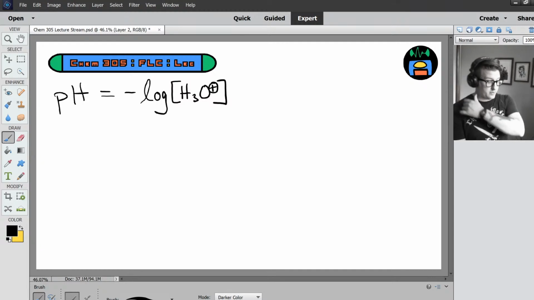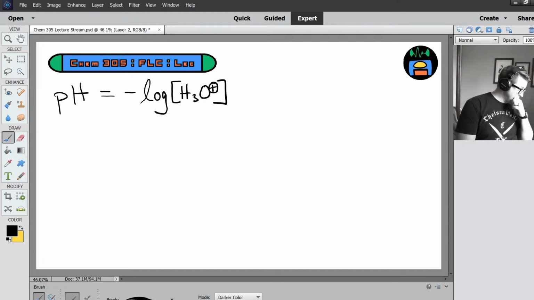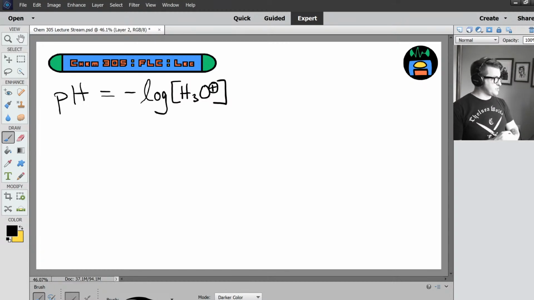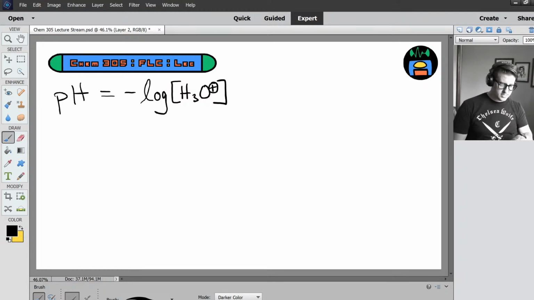It's a button on your calculator. It's a function. And this will turn all of those large negative exponents into simple, easy to use numbers. To calculate the pH, you just take whatever your concentration of hydronium is, hit the log button, and multiply by negative 1.